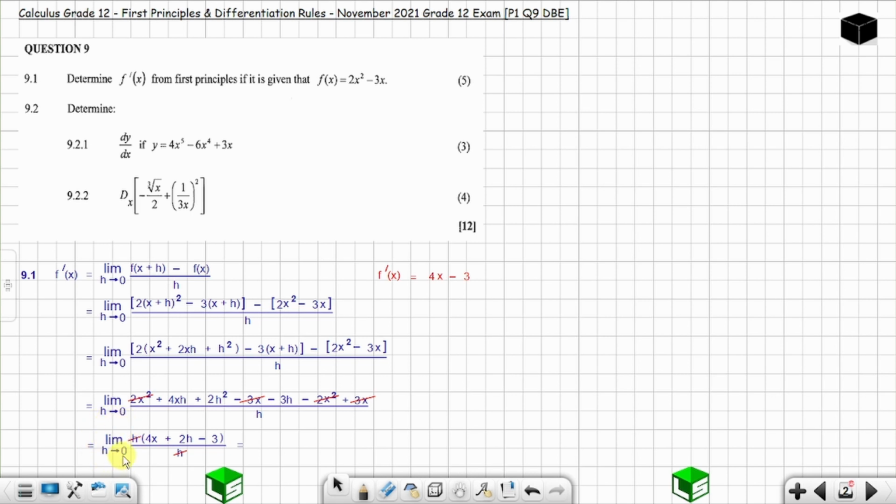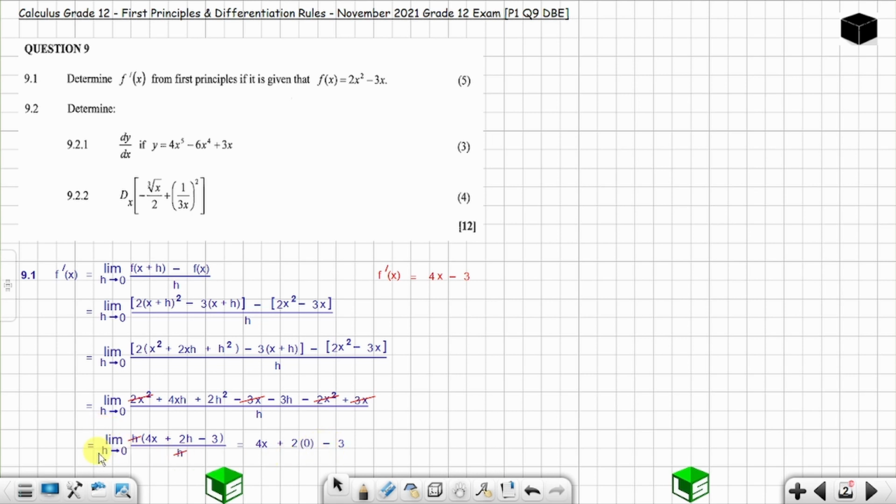You are going to put 0 whenever you see h. So you have 4x plus 2 times 0 because h is substituted with 0, minus 3.